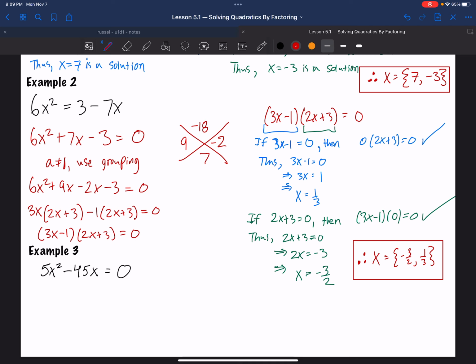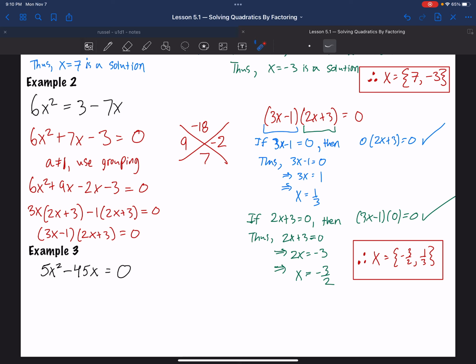But I personally think it's just a little bit more challenging because you have to be careful with adding all that stuff in your head, right? 3, I'm going to circle this, 3 times 1/3 equals 1, and then 1 minus 1 is 0, which makes this whole thing true. Okay, so that's why x equals 1/3.